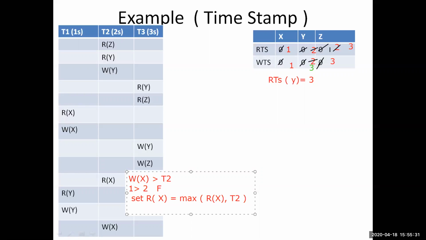That is, the maximum of the read of x timestamp value, right now 1, comma 2, which turns out to be 2. So my read of x, which was 1, will now get updated to 2.